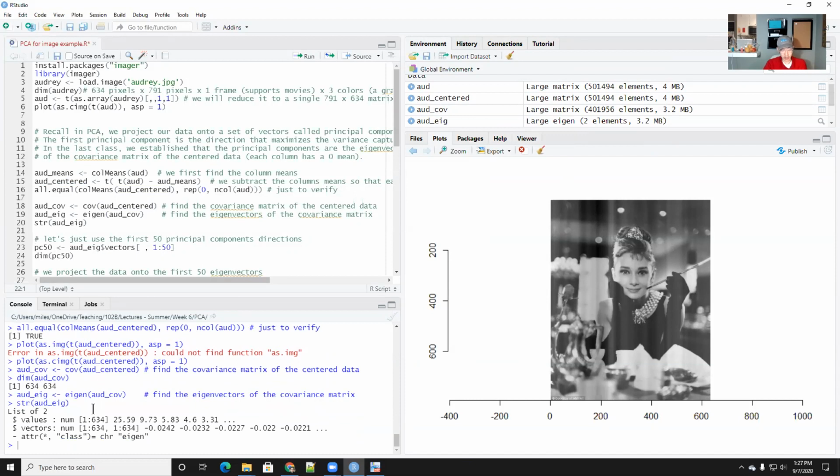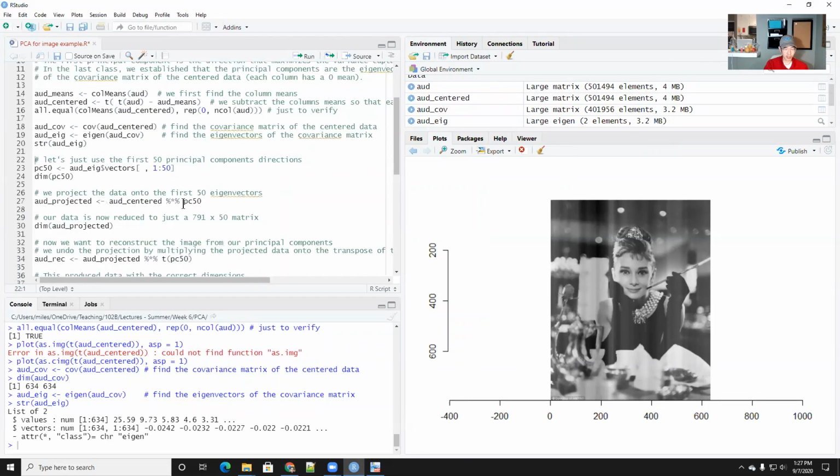When you calculate eigen, you get two objects in there. One is the vector of values. You have all of the eigenvalues, of which there are 634. And then you have 634 eigenvectors, okay? And so you have your matrix of these.